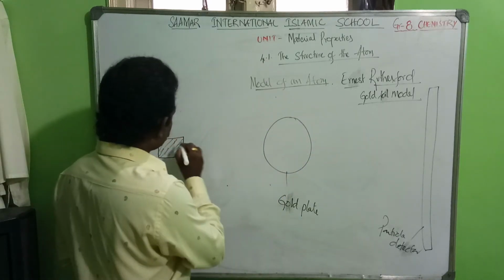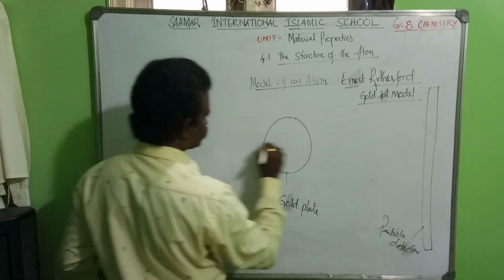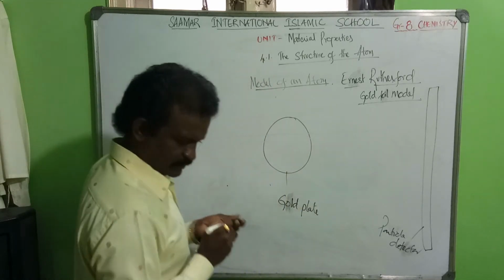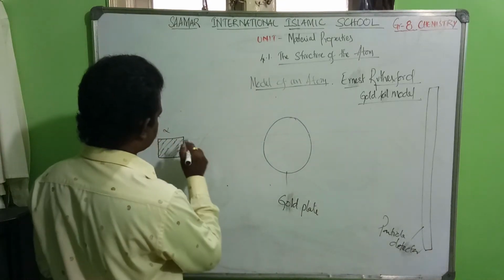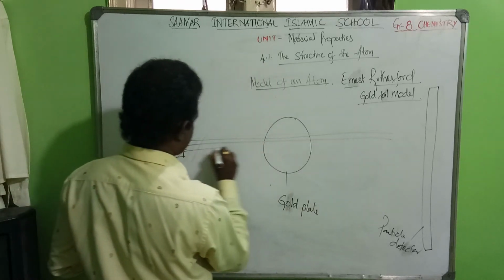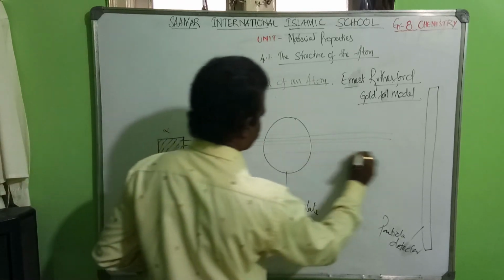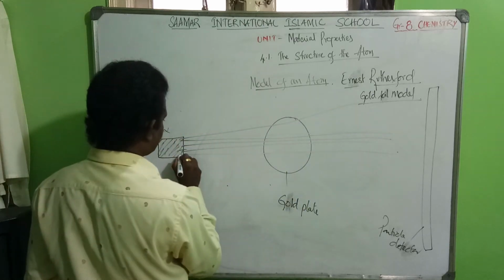He passed the high beam of alpha rays onto the gold foil. Some rays were passing directly through it. Some rays were deflected by a great angle.